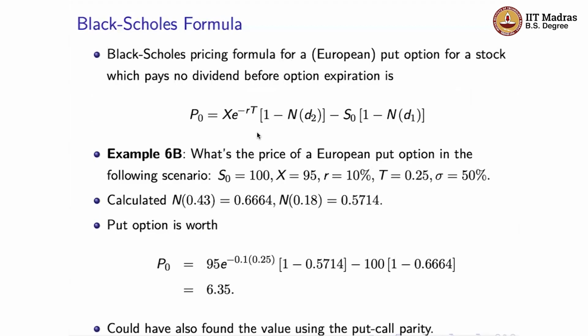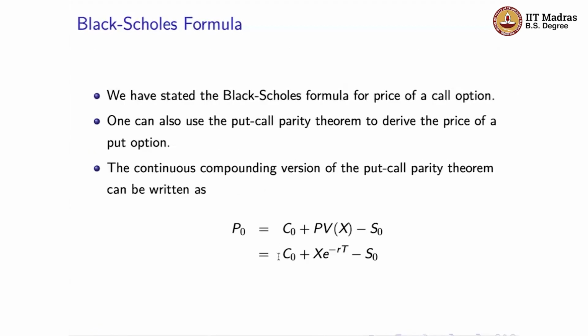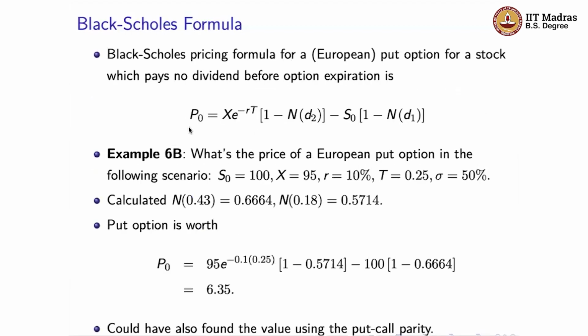So the same thing that we had before, except that instead of call, we have put. And you are basically just plugging in the Black Scholes formula for C0 here and simplifying. So you end up getting that P0 is X into e to the power minus RT multiplied by 1 minus N evaluated at D2, minus S0 multiplied by 1 minus N evaluated at D1, right?